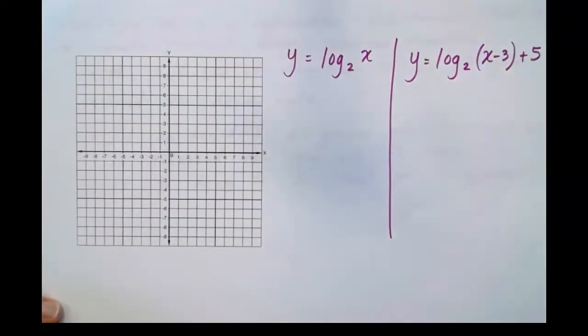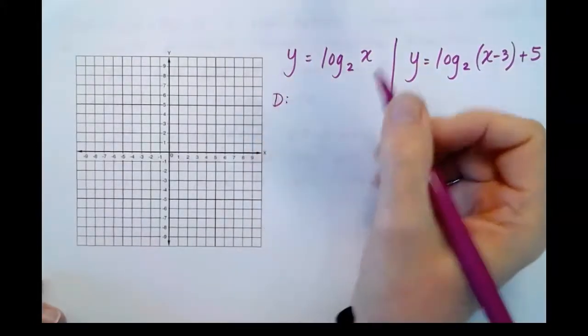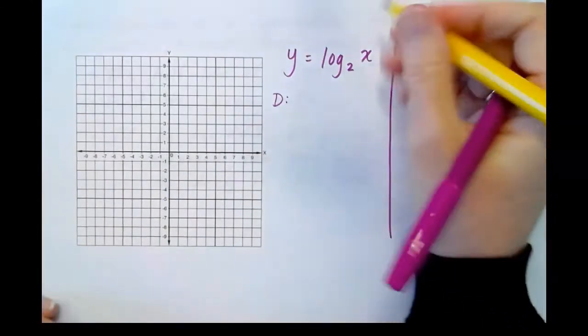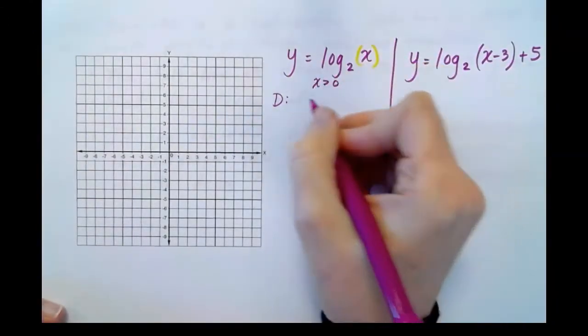Next, the logarithmic graph. So the logarithm is the inverse operation of the exponential function. So the logarithmic function has a limited domain. Take whatever the argument is and set it strictly greater than 0.